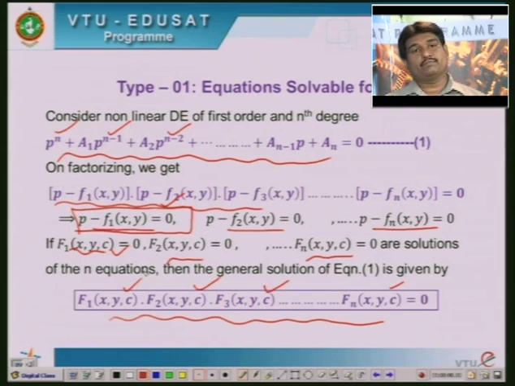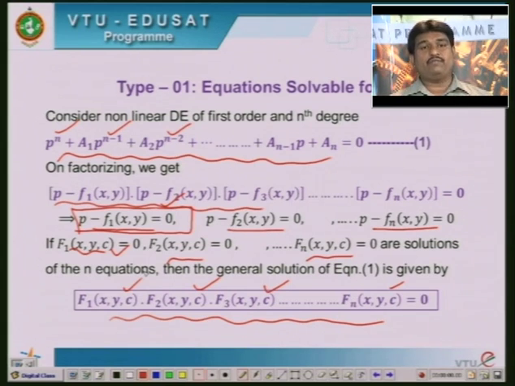So the rule is, a first order and nth degree equation is said to be solvable for p if you can solve it for p, if you can factorize it, and you get equations of the form p minus f1 of x y equal to 0, p minus f2 of x y equal to 0, and so on.